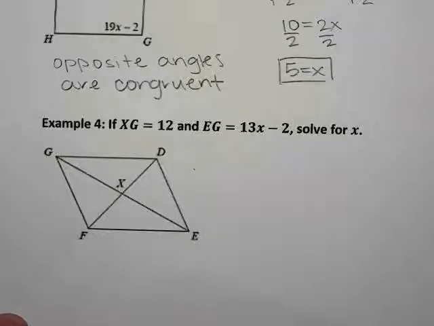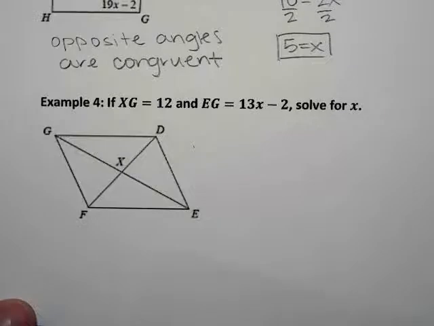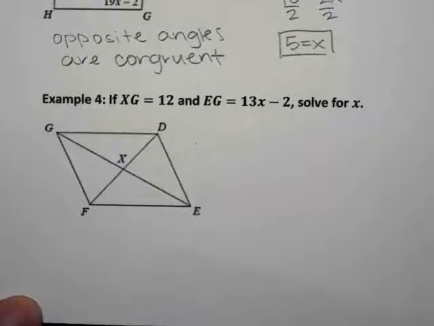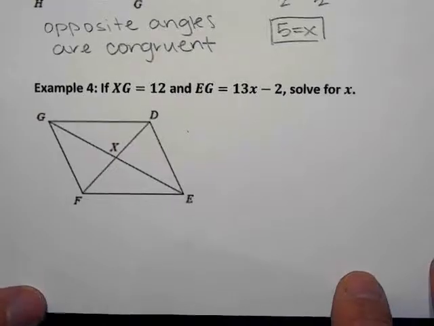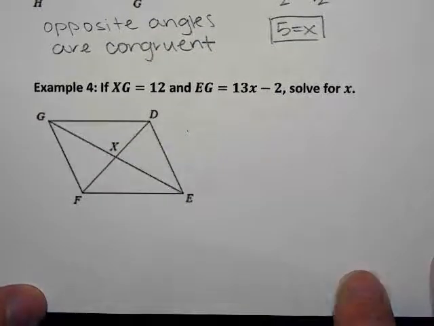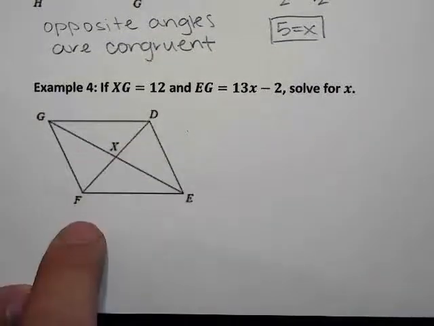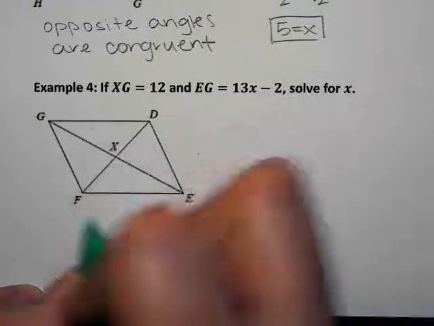What are we using? Anybody know? What are these things called? Yeah, diagonals bisect each other.